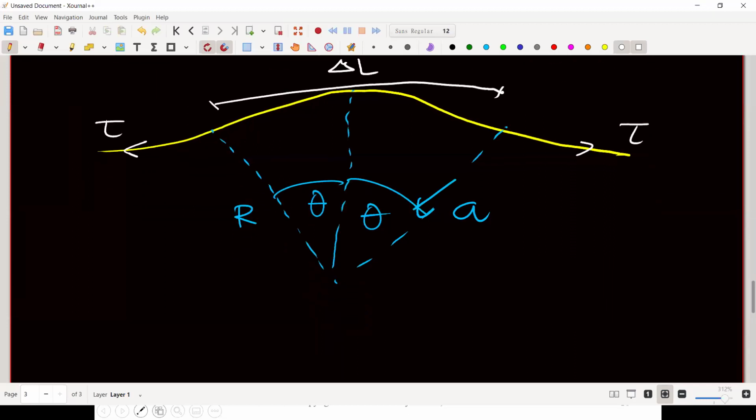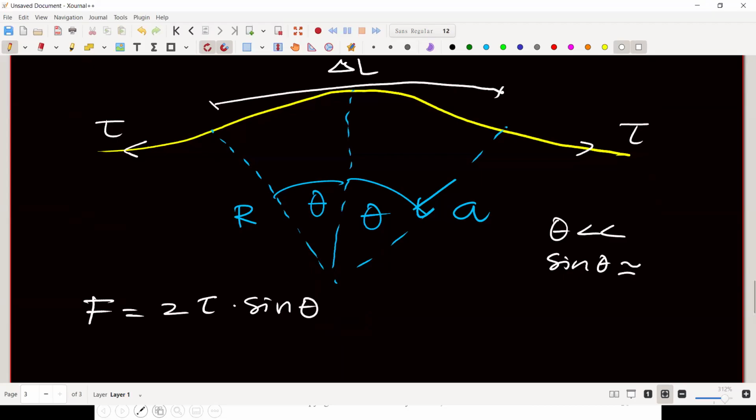So the force here, we can calculate the force as 2 tau sin theta. Since theta is relatively small, we can use sin theta equal to theta. So this one is 2 theta tau.